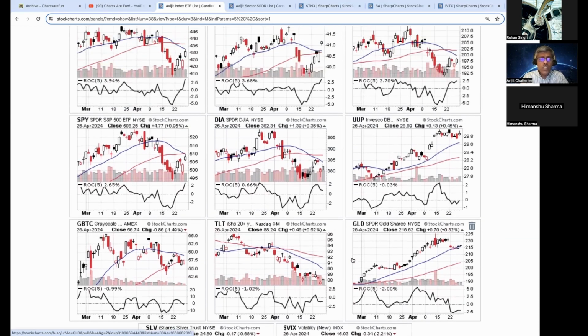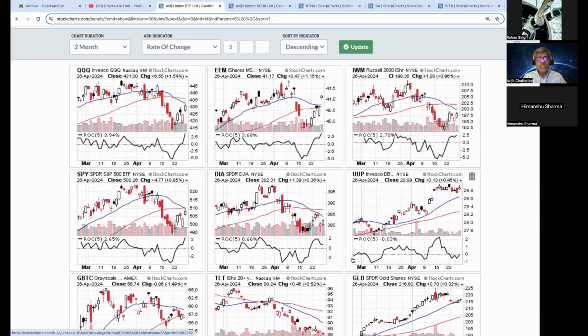Now, what are the key patterns that we're seeing in terms of the trending moving averages themselves? So that was the rate of change, which is how we sorted them. But when you see a 20-day moving average having a bearish cross below the 50-day moving average, and you see the moving averages curving lower, that's a bearish trend.